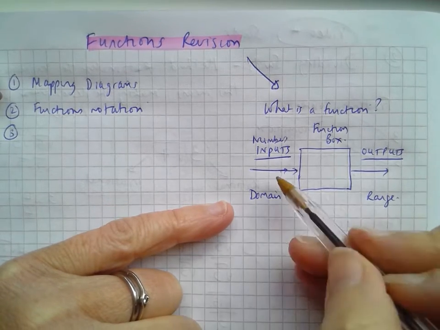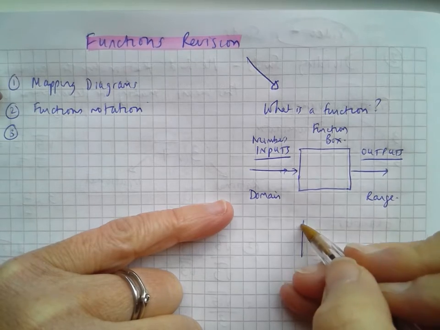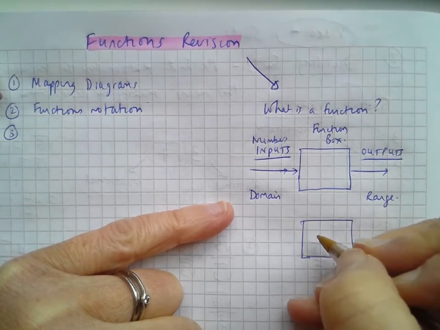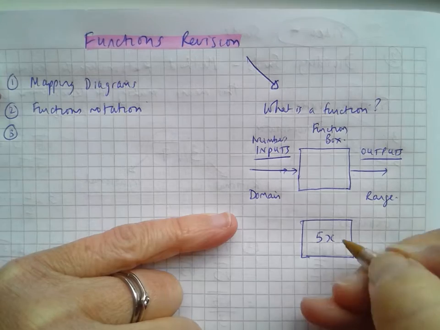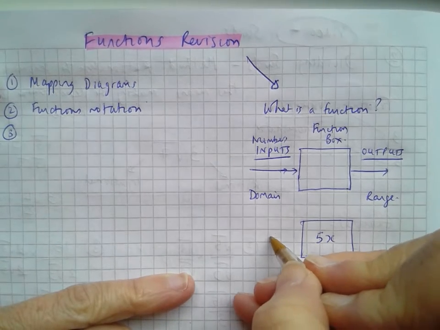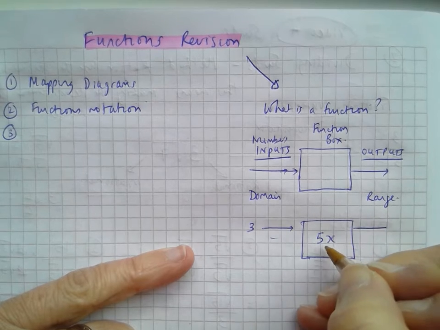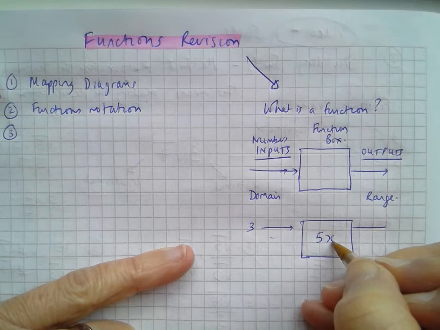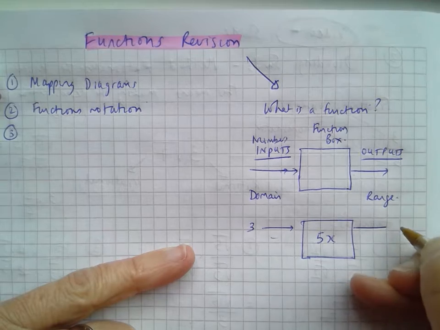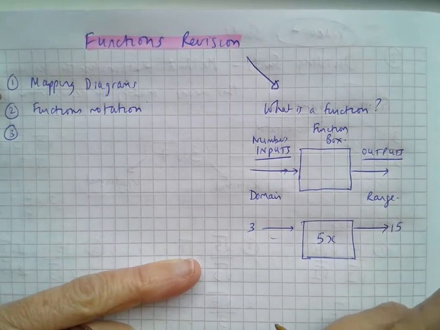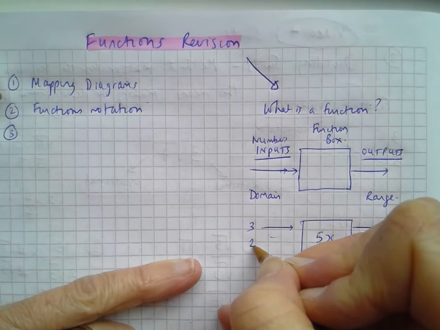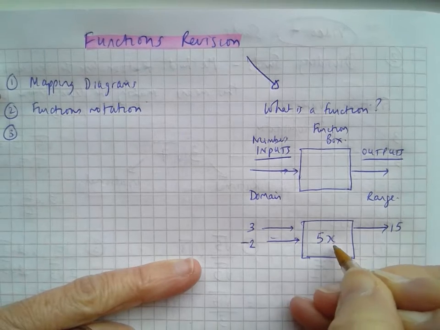So for example, let's say we had a function box which was 5x. We'd put a number into that function box, so we'd put 3 in and we'd get 5 times 3 out, so our output would be 15. Say we put in minus 2, 5 times minus 2 is minus 10.